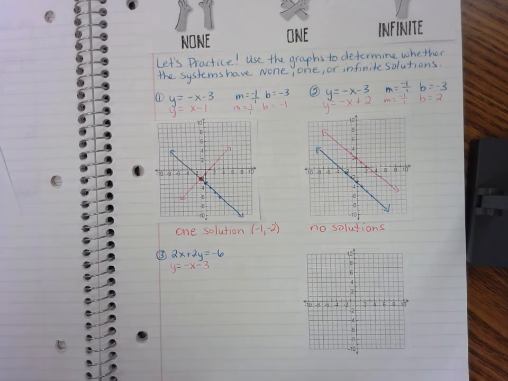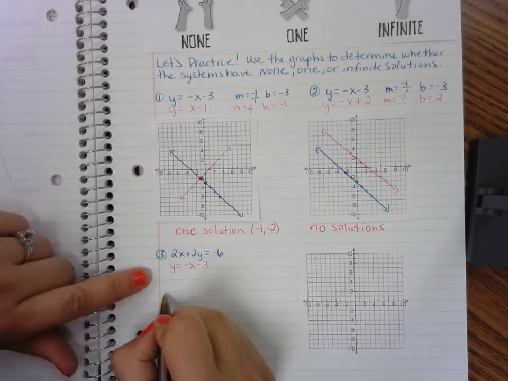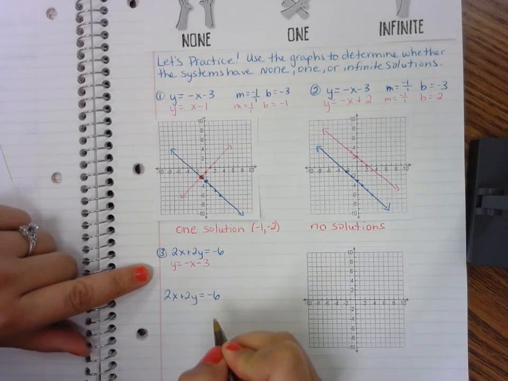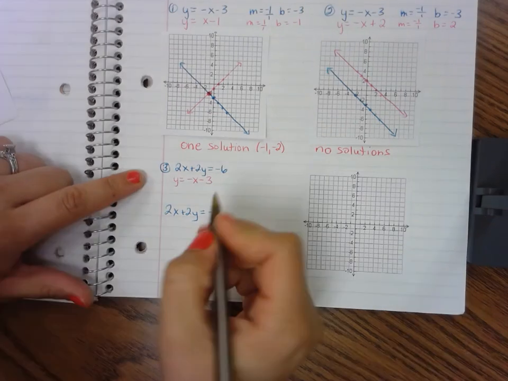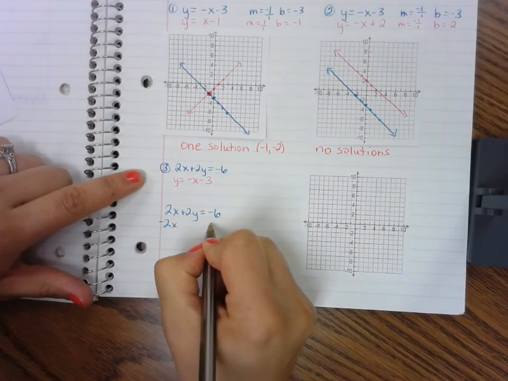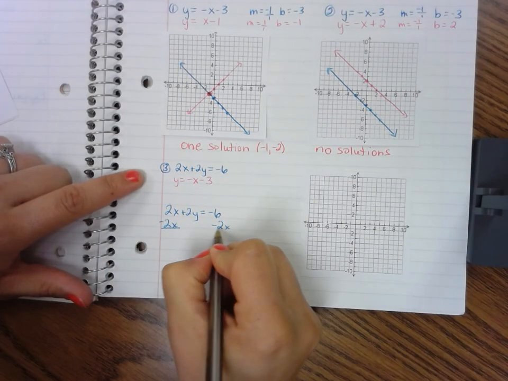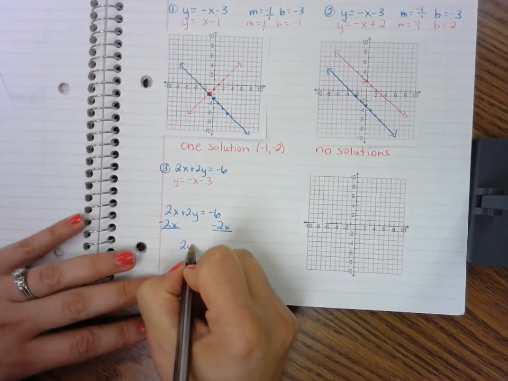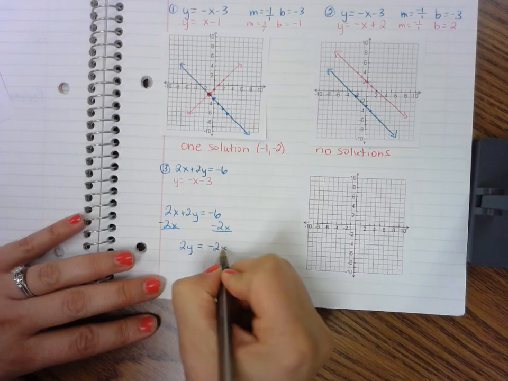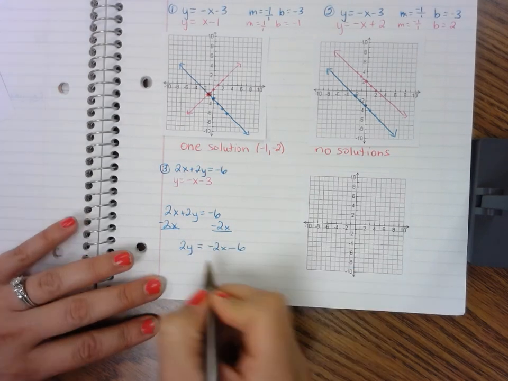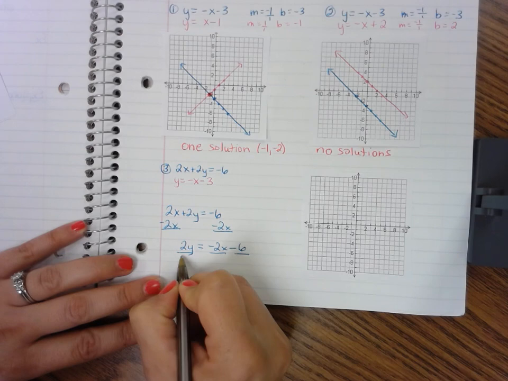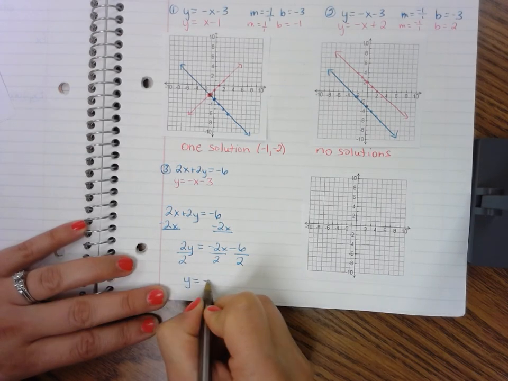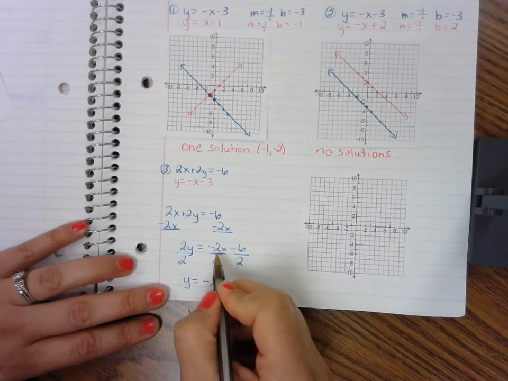I'm going to take 2x plus 2y equals -6, and change it so that it's in the form of y equals mx plus b. 2y equals -2x minus 6. Now I'm going to divide everything by the 2. And so we have y equals -x, because 2 divided by 2 is 1, minus 3.